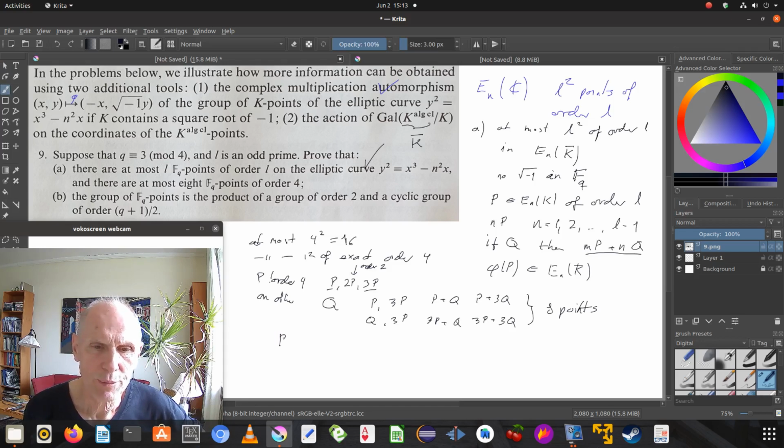So we have P and 3P, and then we have the 3 points of order 2, etc. That gives 8 altogether.